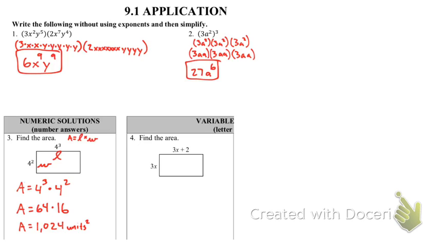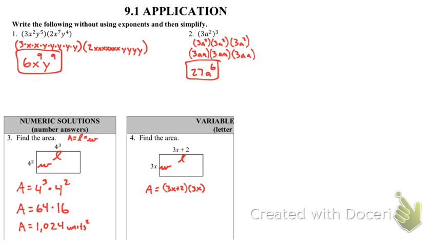Alright, same idea here. Find the area, but now we've got variables. Same formula exists. Here's my length, here's my width. So it's going to be length times width. What we're going to do is distribute to solve this.